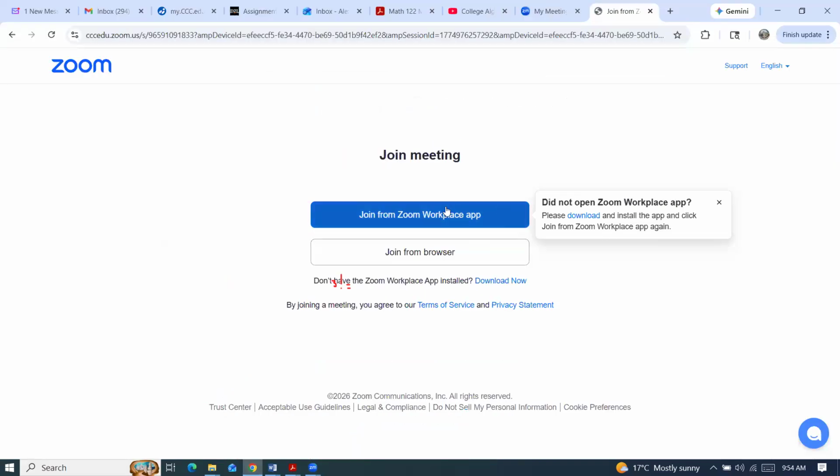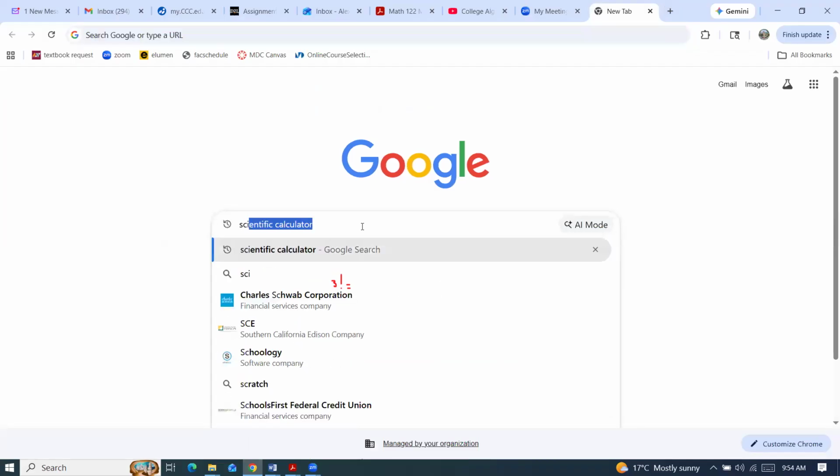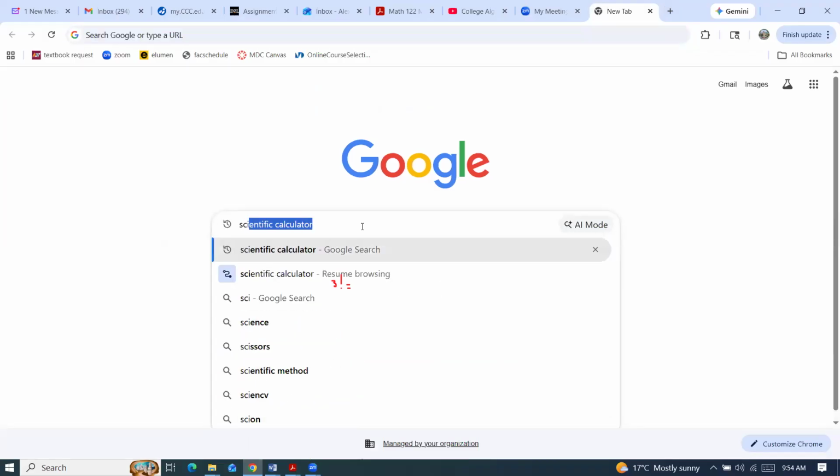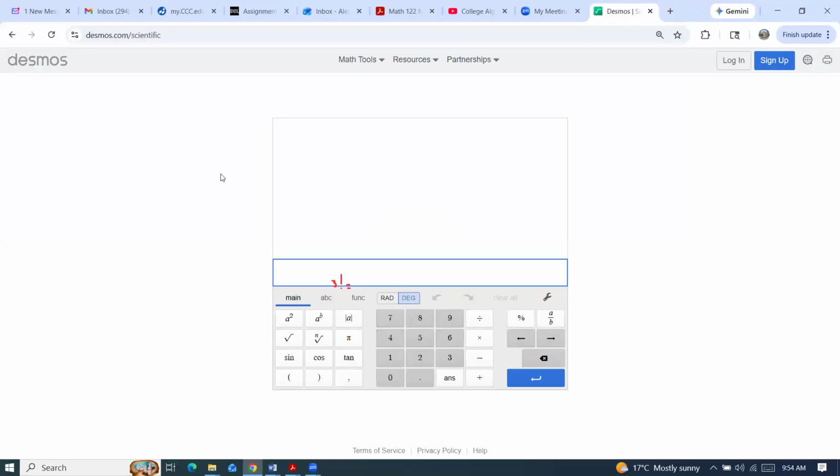And that's what I wanted to show you today. I wanted to actually use a scientific calculator. So the first choice is the one that has the ability for us to get that factorial.